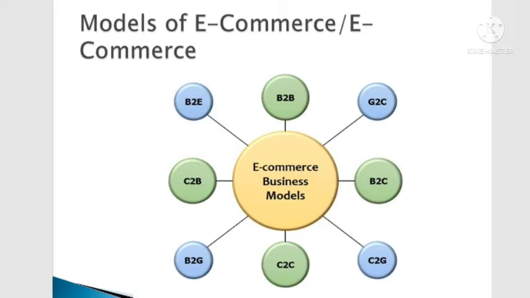Every service is available on their portals. So how these services are being provided to customers would be known as the government to customer model, the G2C model. Then we have the customer to government model.